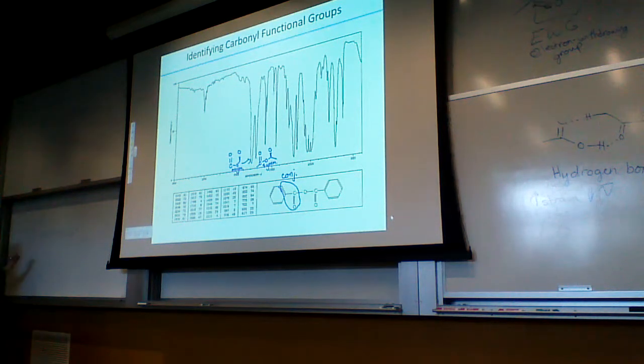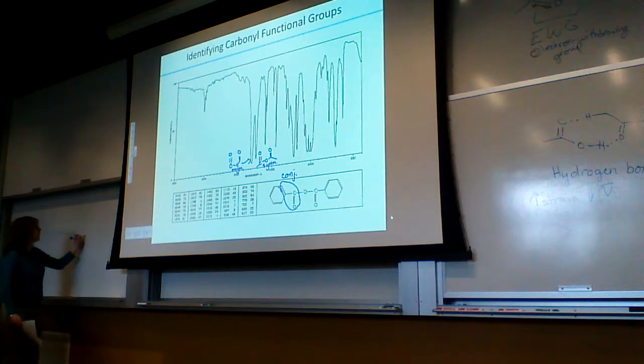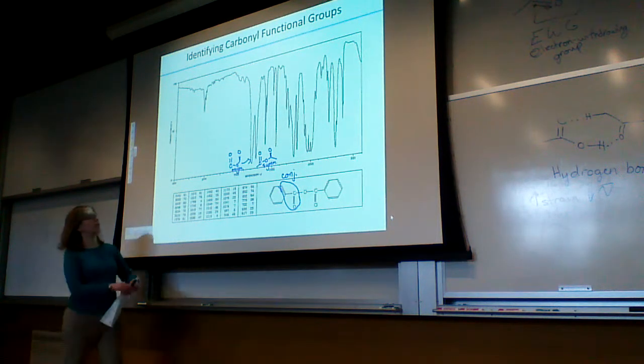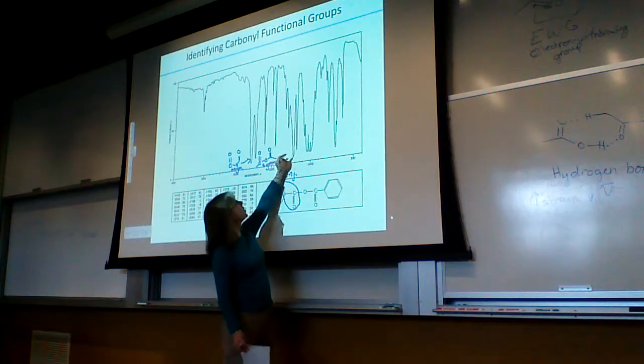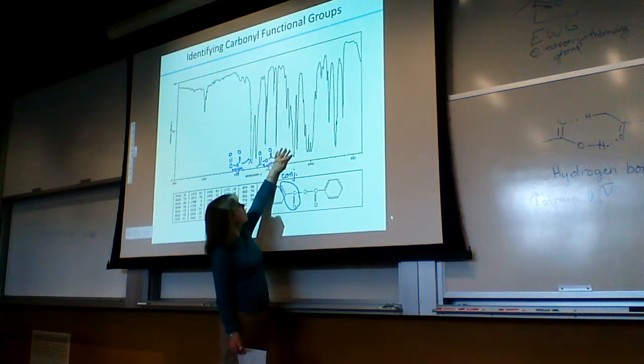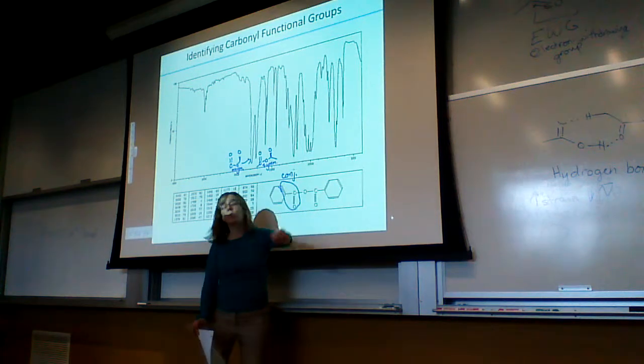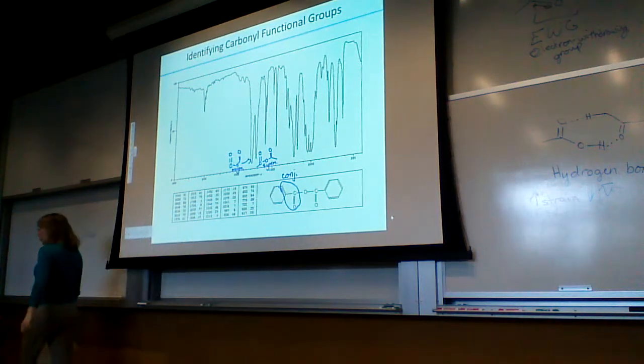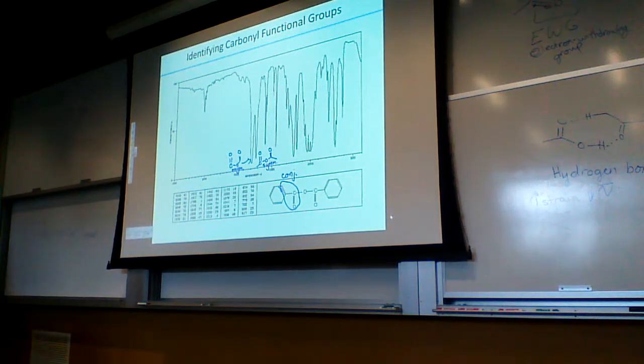These are going to be pretty broad and pretty strong peaks, whereas most of the peaks in the fingerprint region can be a little weaker or pretty narrow. Our C-O single bond stretches are going to be here and here, or not weaker. They're strong and they're broad.